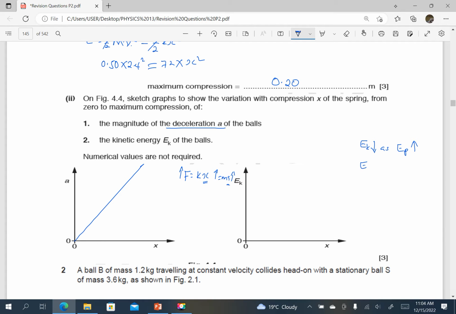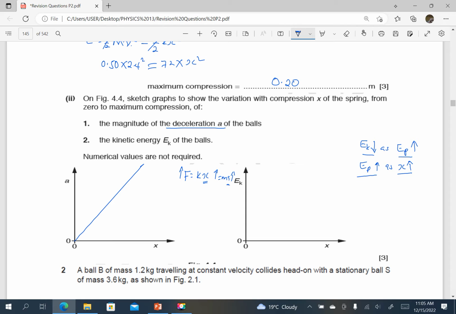And we know that elastic potential energy increases as compression increases. So as compression increases, the elastic potential energy increases, but the elastic potential energy increases as the kinetic energy decreases. What does that mean?